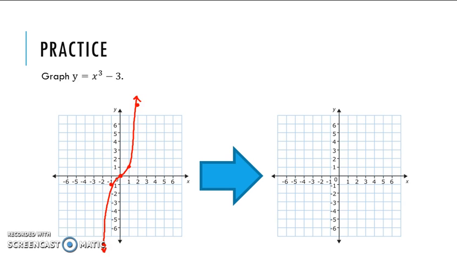My minus 3 is on the outside. So that is vertical. Okay, and a minus 3 means I'm going to go down 3. So each of my points are now going to shift down 3.